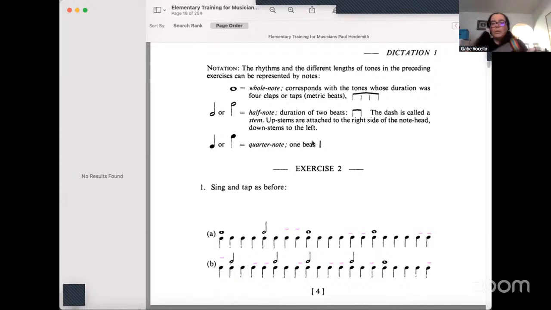So that's the quarter note, our referential. See here, we have one whole note is equal to 4 quarter notes. One half note is equal to 2 quarter notes. So we have extra quarter notes.